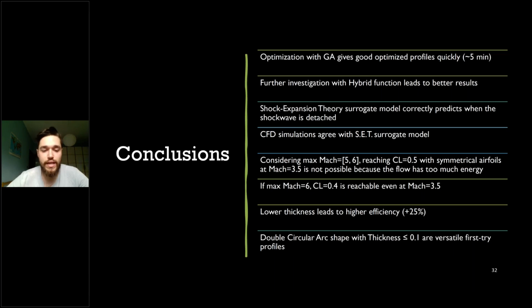It has been validated using higher fidelity fluid dynamics simulation, and for a Mach number up to 6, a 0.5 lift coefficient cannot be obtained using symmetrical airfoils because the flow energy is too high, but a 0.4 can. A lower thickness results in 25% efficiency improvement, and the symmetrical double circular arc airfoils with a thickness value lower than 0.1 are very versatile as first-try solutions.